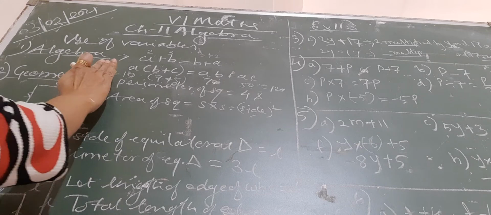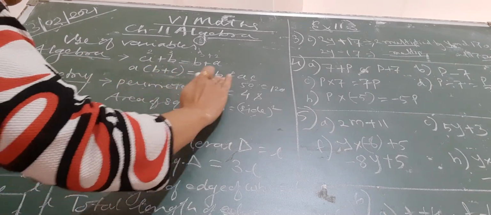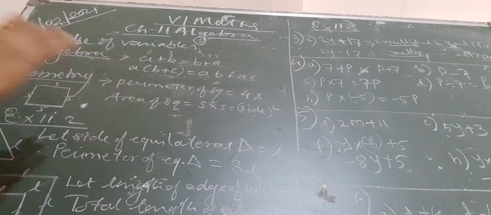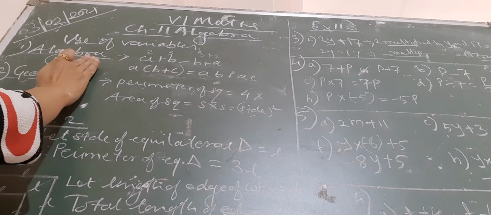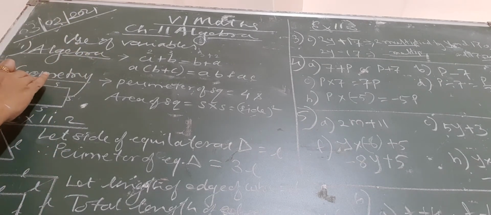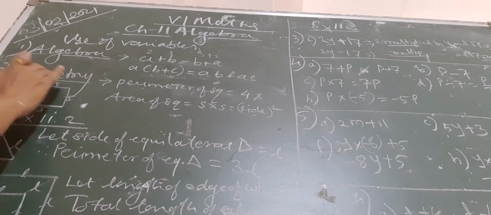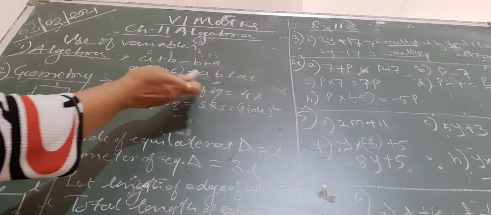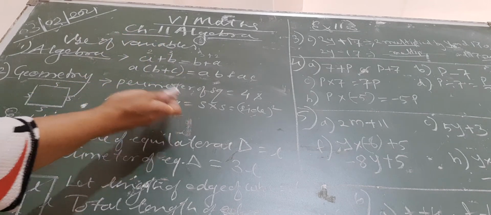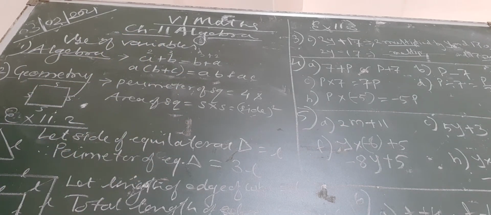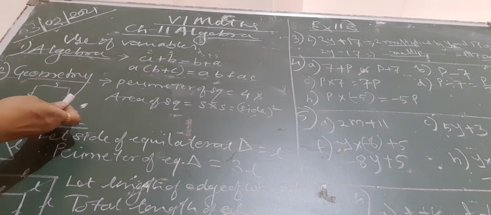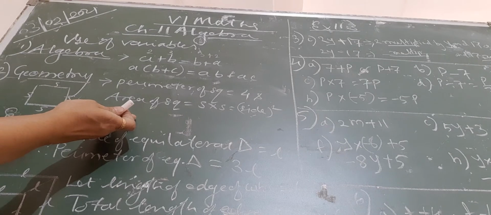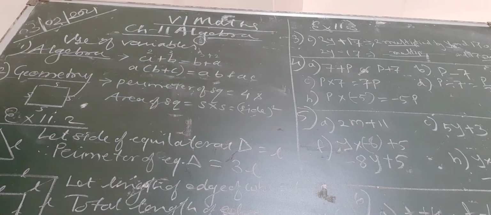It means that using variables we can represent any general rule that we have seen in algebra. How have we used them in geometry? In geometry we have already studied the perimeter of a square, perimeter of a rectangle, area of a square, area of a rectangle. Let us consider a square of side S. S can take any value: 2 centimeter, 10 centimeter, 50 centimeter, or even 100 meter.